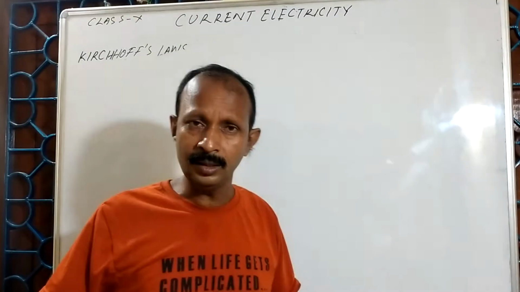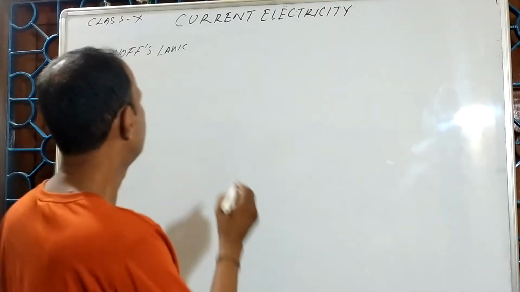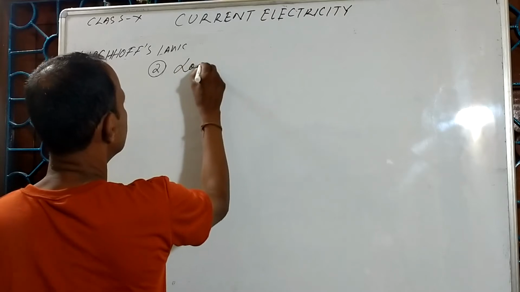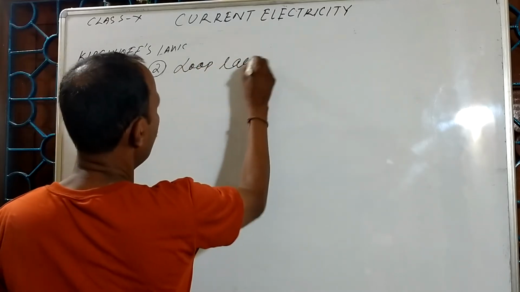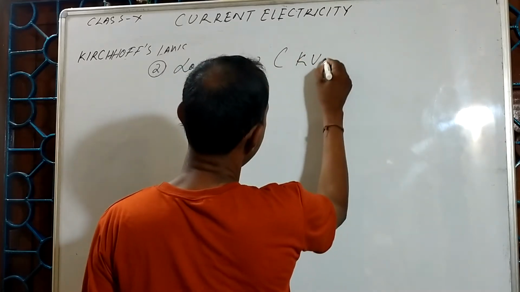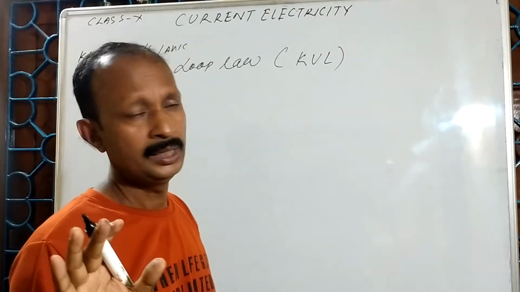So let us see the second law, Kirchhoff's second law. This is also called the loop law. We also say KVL, Kirchhoff's voltage law.